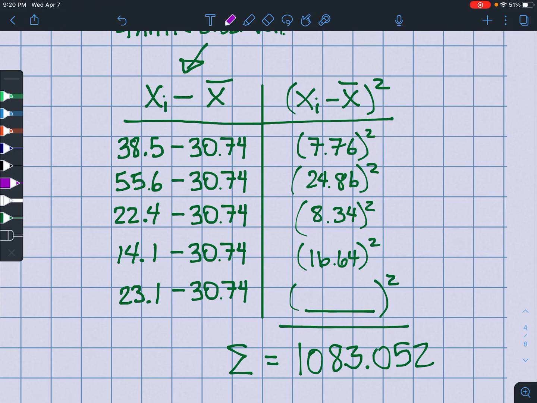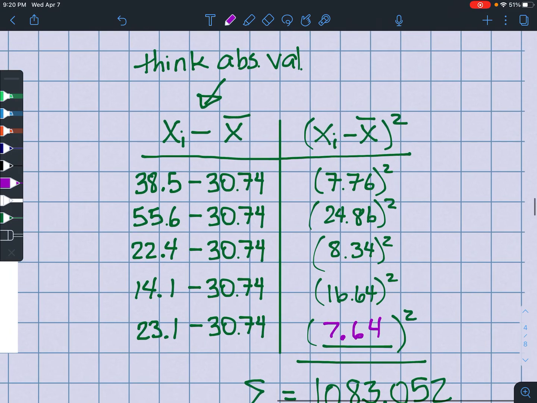23.1 minus 30.74. I take that number and I square it. Notice all those numbers end up being positive numbers. And so here I get 7.64. Again, I don't need to worry about positive or negative, all right?